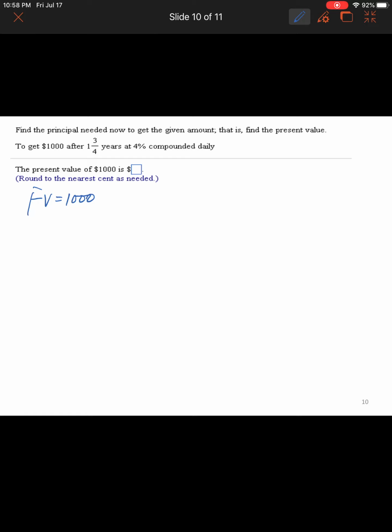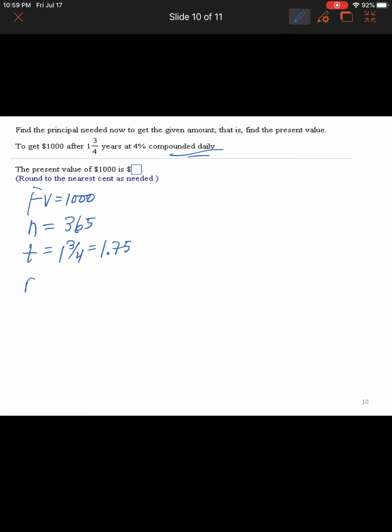Alright, so we have n is the number of times compounded. It said compounded daily. That's 365. And t is 1 3/4, which is the same thing as 1.75.